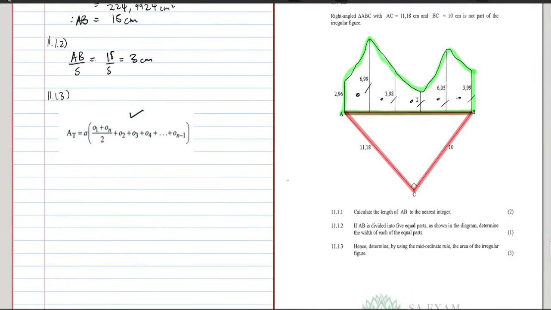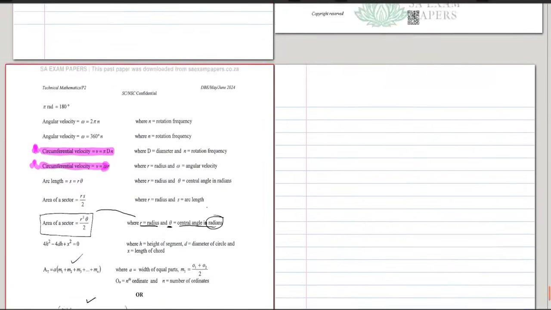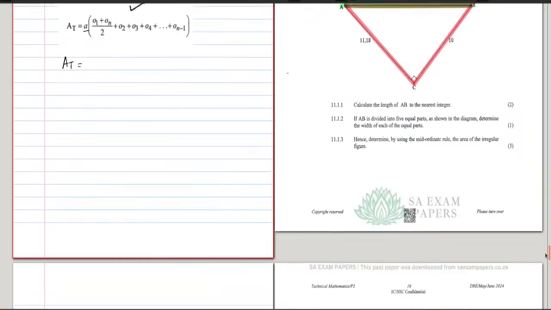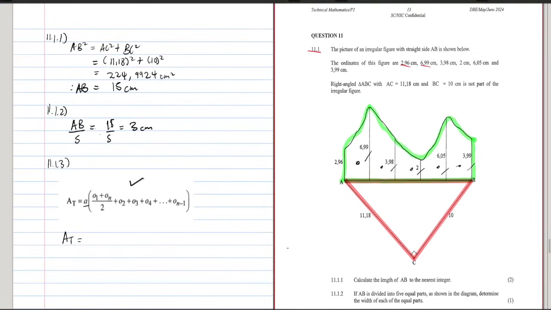This is the formula. Here a represents the width of each equal part. That width is the one we calculated above, where we divided AB into 5 equal parts.